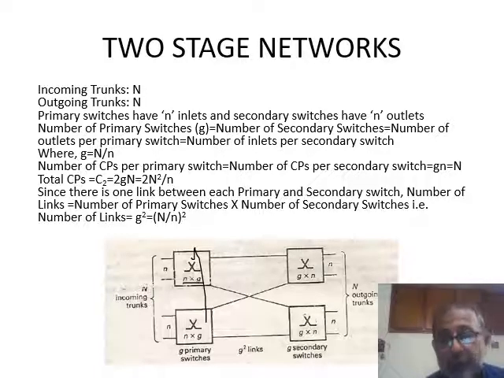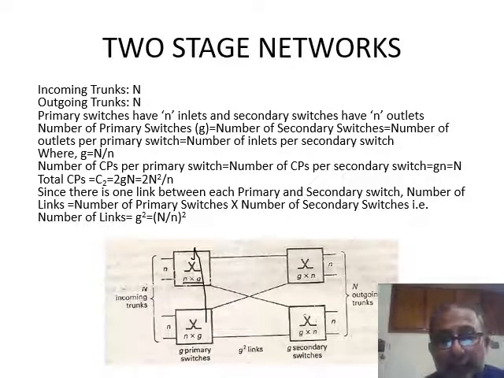So each switch, whether it is on the primary side or on the secondary side, has cross points equal to G into n. So G into n is also equal to capital N. How do we come to this conclusion? Because G is the number of primary switches, n is the number of inlets per primary switch. So when we multiply them, we get capital N.